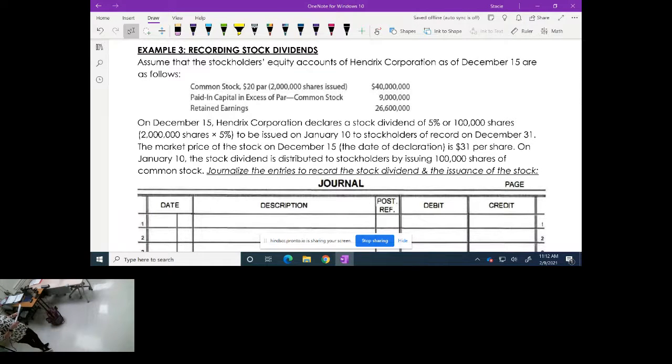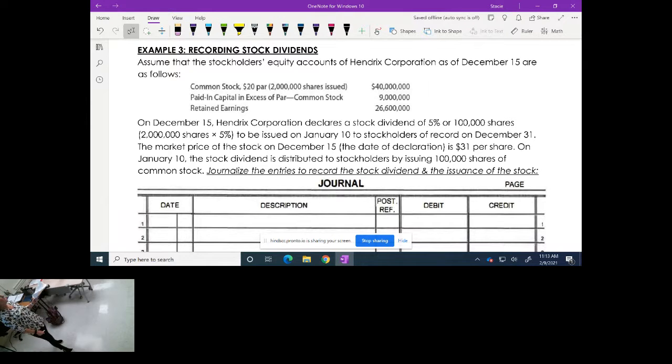Okay, so on this first one, we've got Hendrix Corporation on December 15th. They've got $20 par common stock, 2 million shares issued. Where did this number come from? The 40 million. How would you get that?